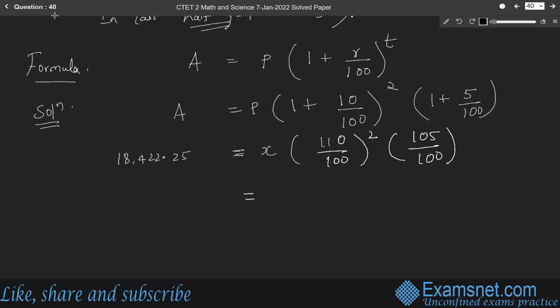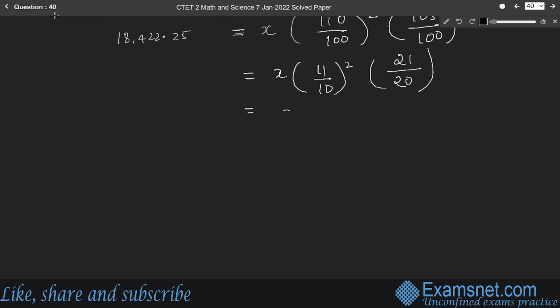Which is equal to x into 11 by 10 whole square into, multiples of 5, 21 by 20, right? Which is equal to x into 121 by 100 into 21 by 20.